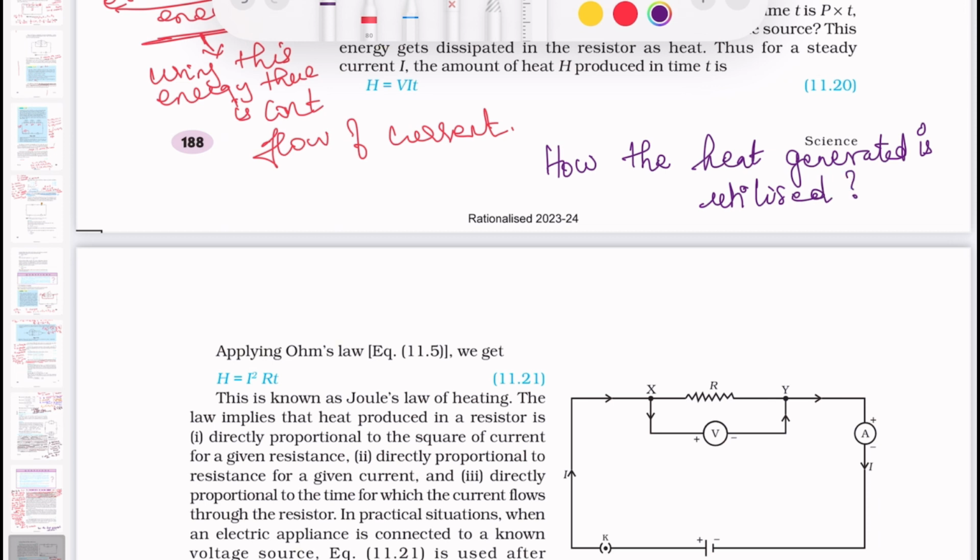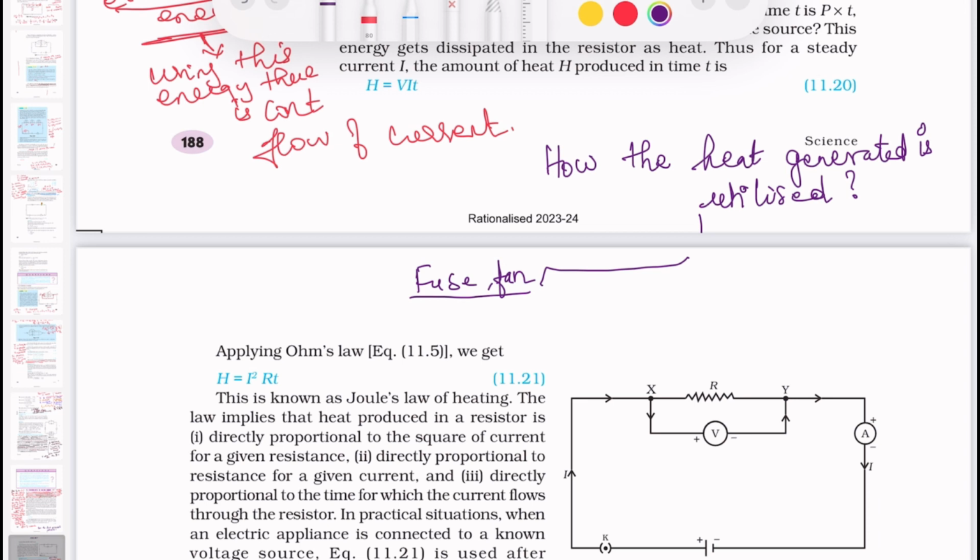This heat is used in devices like the fuse, and in devices like the fan. How is it used in fuse and fan?